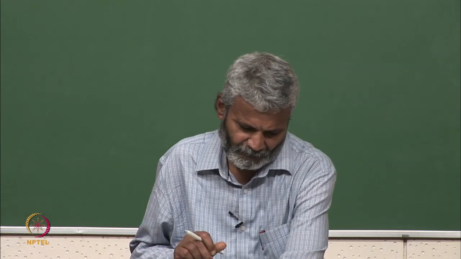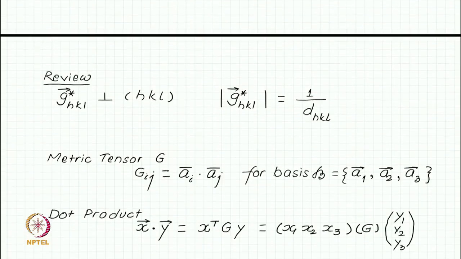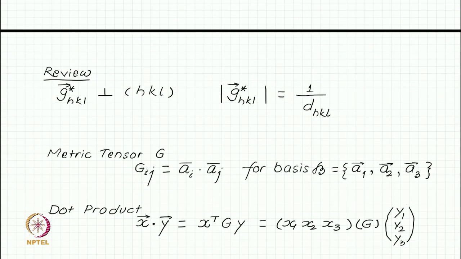Now, just a little bit of review of what we have established till the previous lecture. For example, in the last to last lecture we had shown G star HKL is perpendicular to the plane HKL, which means a reciprocal lattice vector with components HKL in reciprocal space.